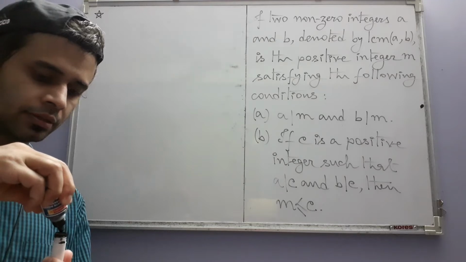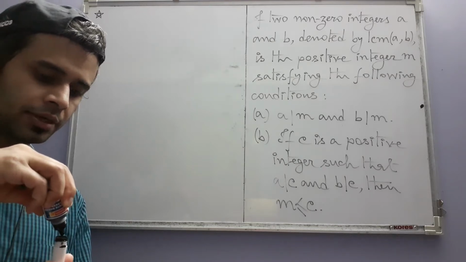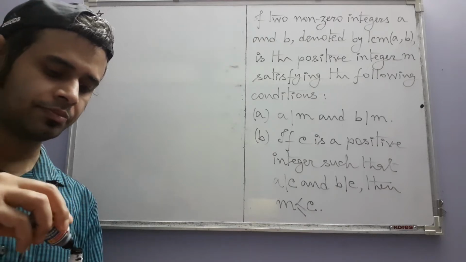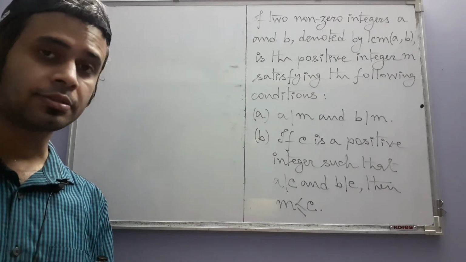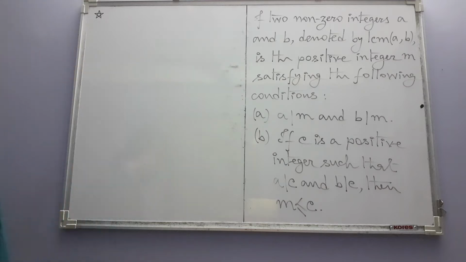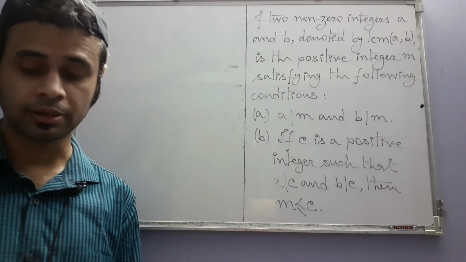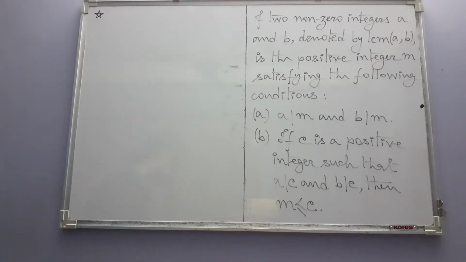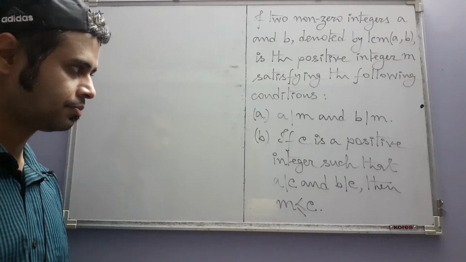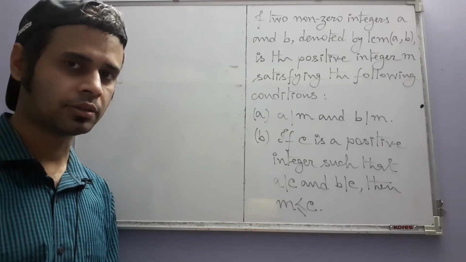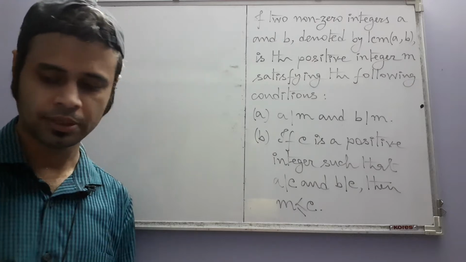Just like when we calculate the GCD of two integers A and B, their signs do not matter. They may be positive or negative, any combination. Here also, the LCM of A and B actually does not depend on the signs of A and B.